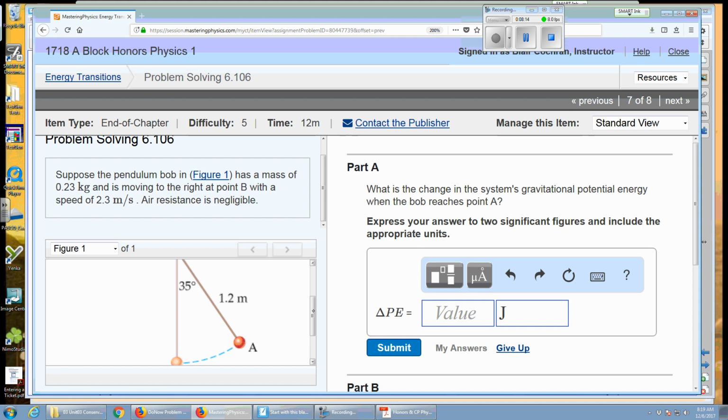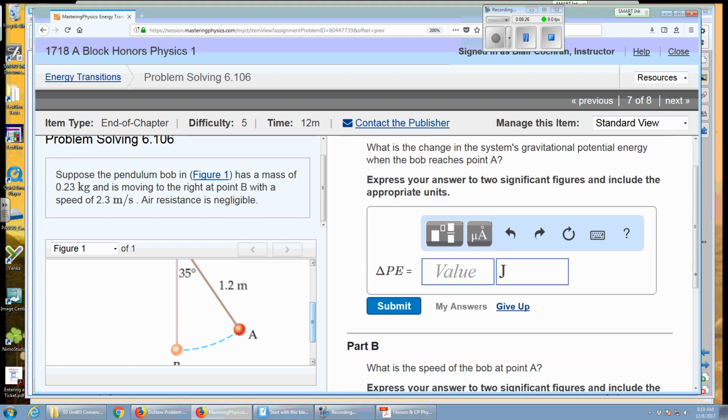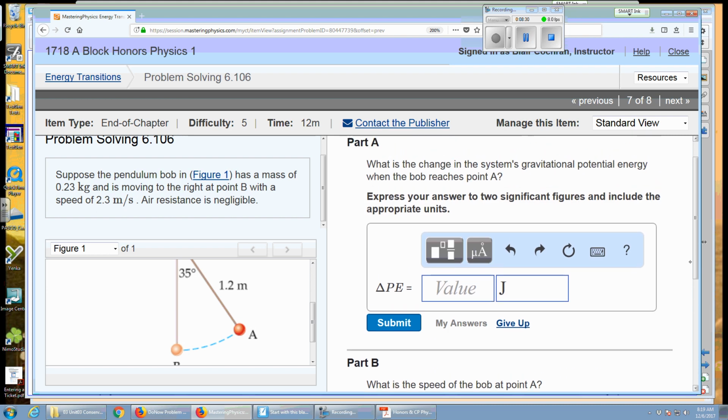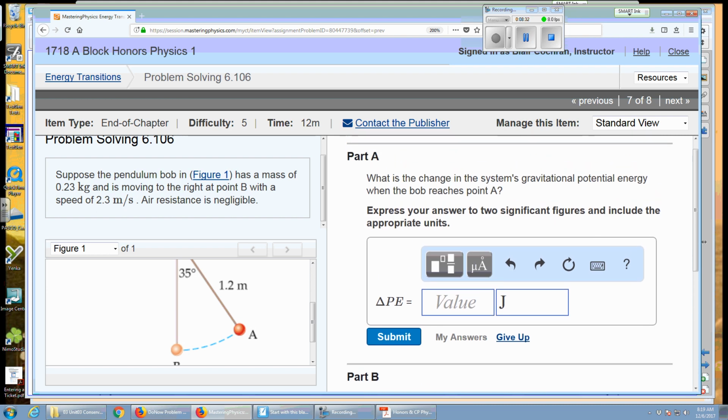Air resistance is negligible, so no external work. What is the change in the system's gravitational potential energy when the bob reaches point A? What is the speed of the bob at point A? Okay, so A must not be all the way up. If they're asking me the questions this way, I'm going to assume it's not all the way up.